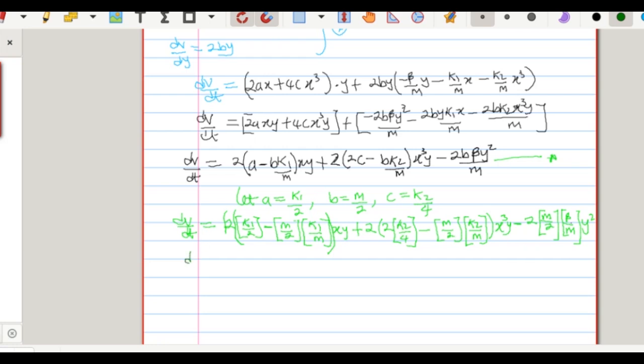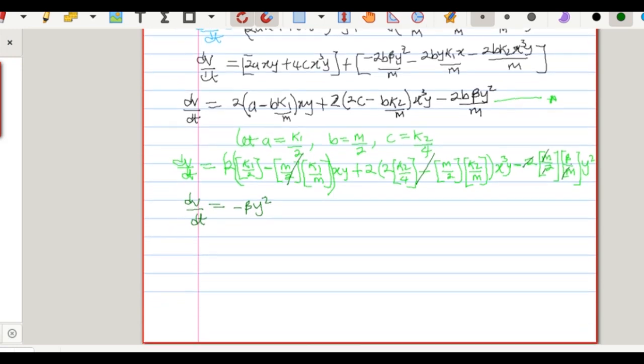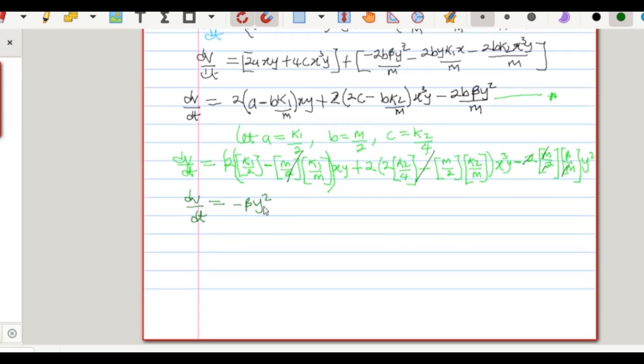So this will reduce: this will go to 0, this will go to 0, and we'll be left with minus beta y squared.